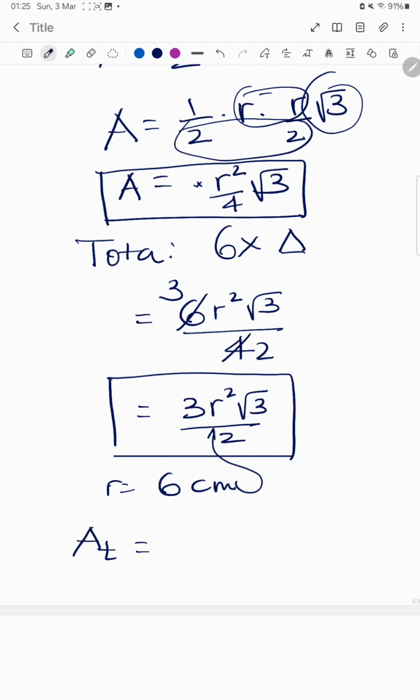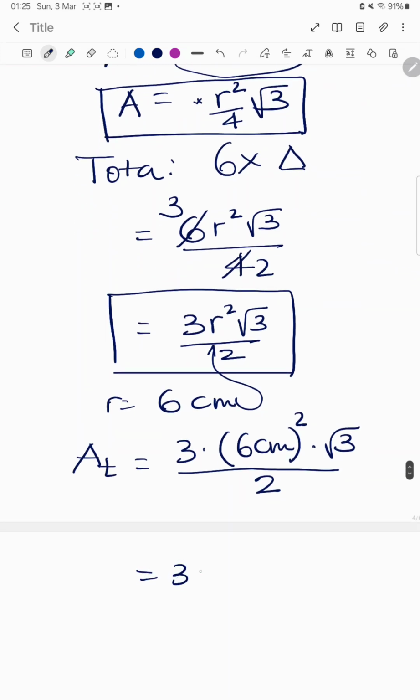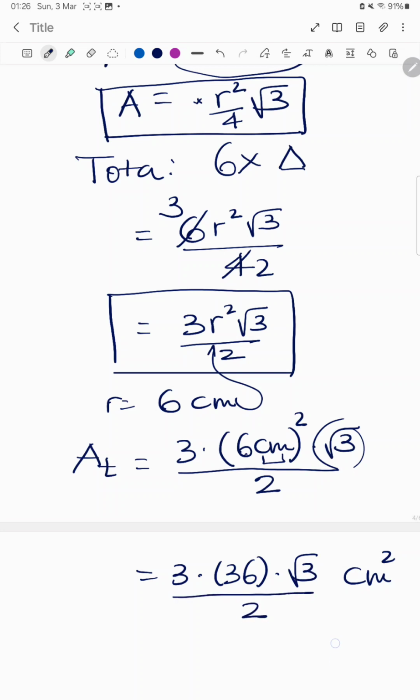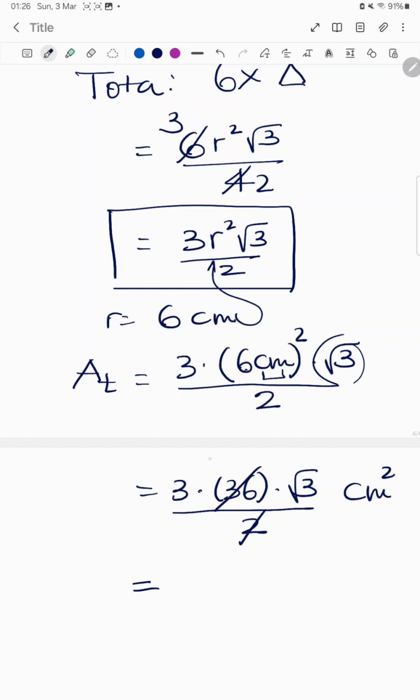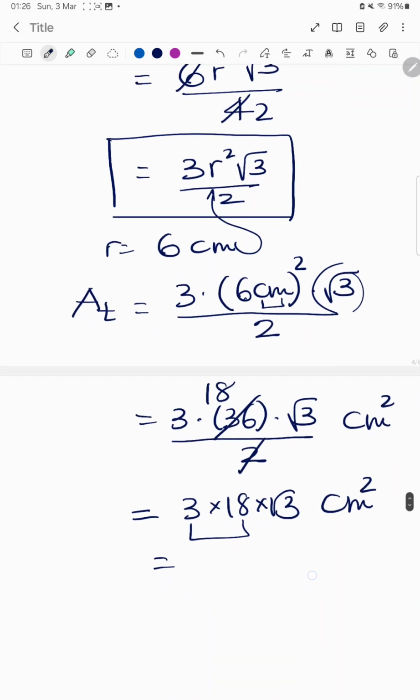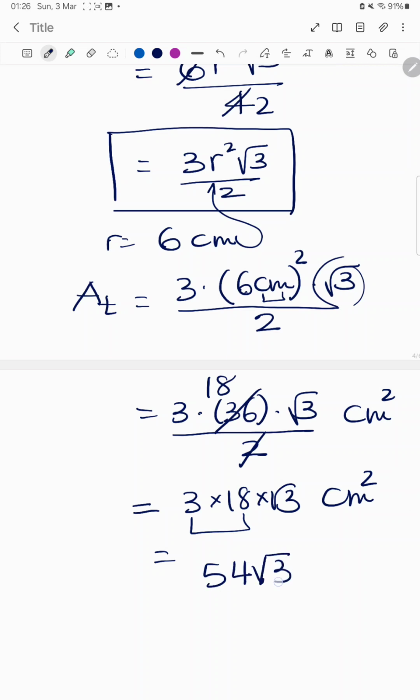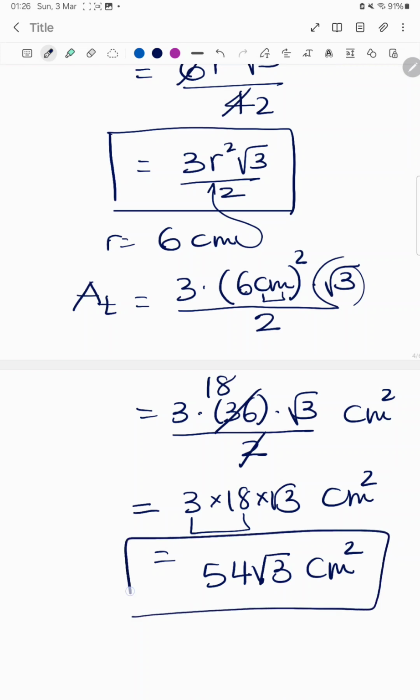Then total area, which is the area of the regular hexagon, is equal to 3 times 6 centimeter square times root 3 divided by 2, which is equal to 6 squared is 36 centimeter square times root 3 divided by 2, which is equal to 2 cancels out 36 as 18, 3 times 18 times root 3 centimeter square, which is equal to 3 times 18 is 54, 54 root 3 centimeter square in our case.